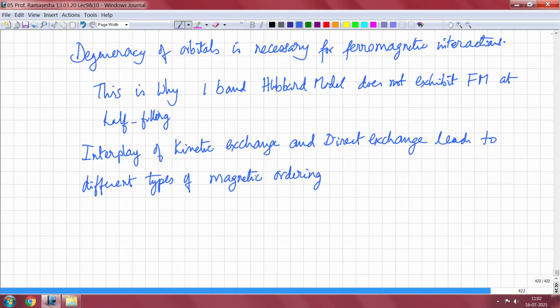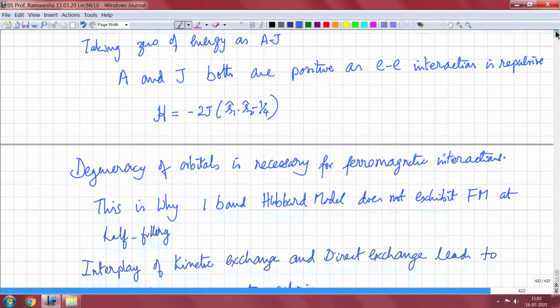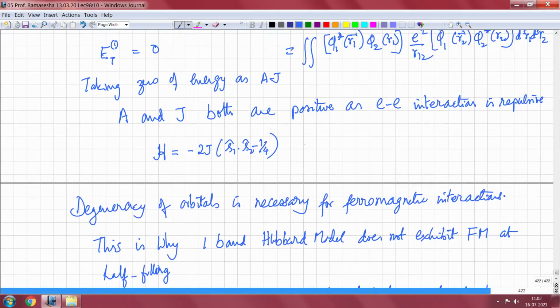Indeed, what you see here, actually, let me also remark that this is the origin of Hund's rule, Hund's rule of maximum multiplicity.